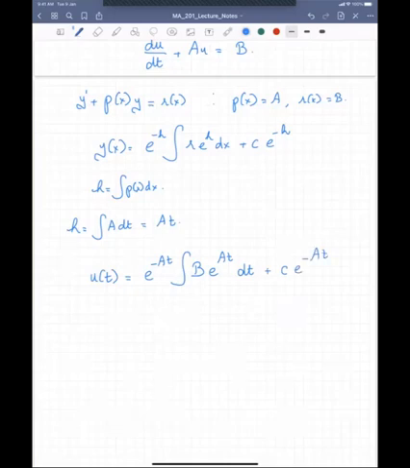So this integration is trivial. The integral of e to the at is e to the at over a, and e to the at and e to the minus at cancel. The first term is basically b over a. The second term is c times e to the minus at. By the way, the first term has r, remember that we talked about r as the input. The second term does not have r.